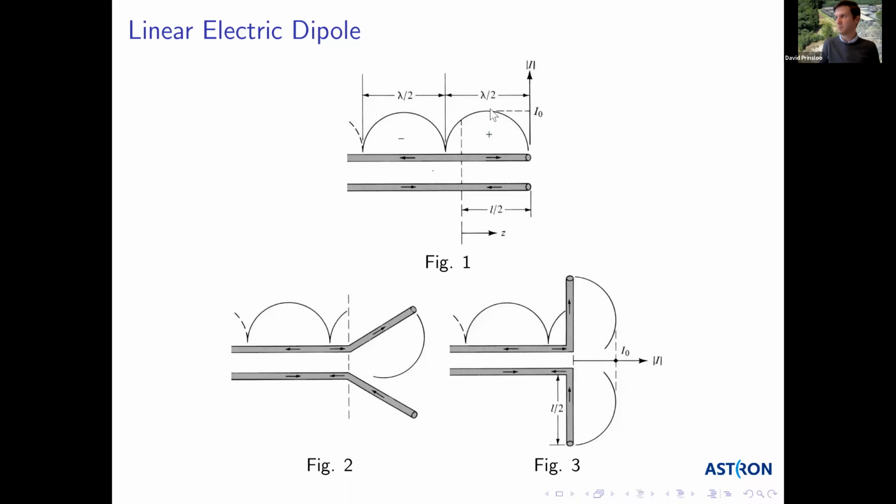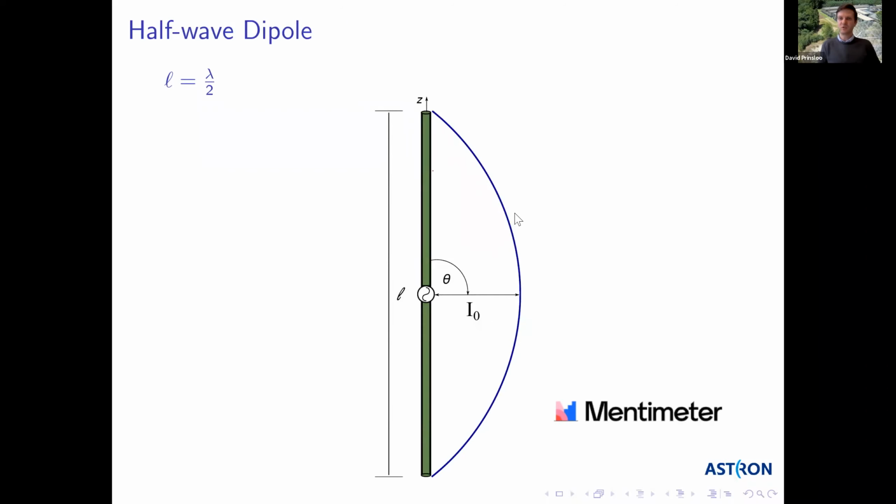Then this maximum point meets that of the opposing arm. And in principle that is the current distribution on a half wavelength dipole. If the dipole is half lambda, you have this half sinusoidal current distribution where it is 0 at the ends and a maximum in the middle.